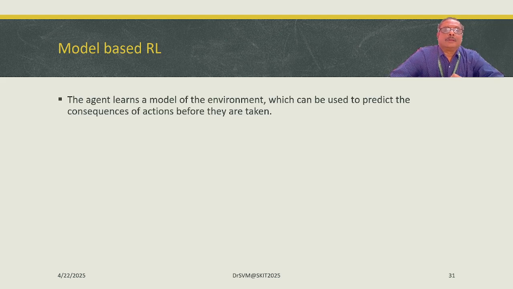Here the agent learns a model of an environment. By model we mean a mathematical model, so a mathematical copy of the environment is first created, and the creation of this is done through the learning of the agent.